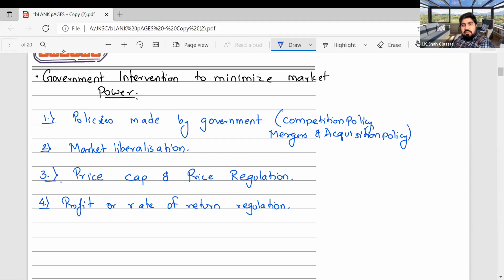Yes or no? But government said, sorry, you're not allowed to do that. You can earn only a limited amount of profit. So government sets your profit margin. Government sets the rate of returns that you should be getting. In case of monopoly only, it can happen. Okay. Next one.